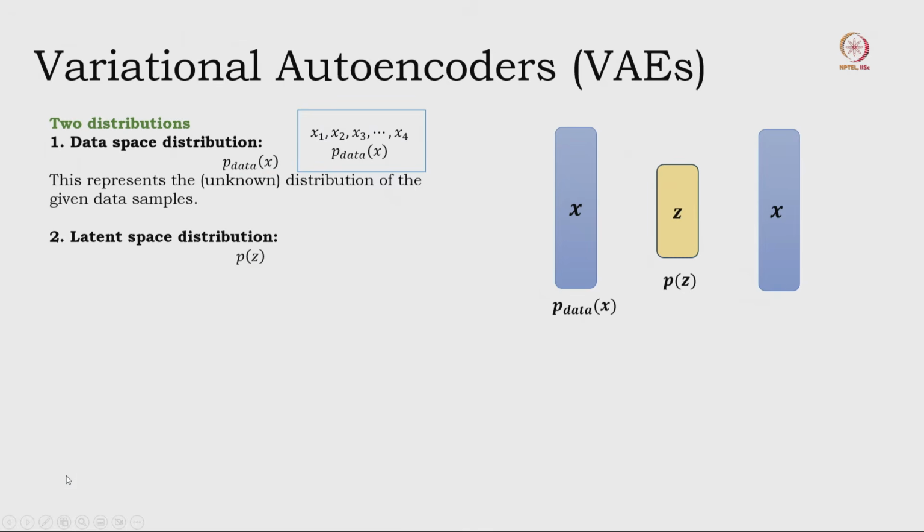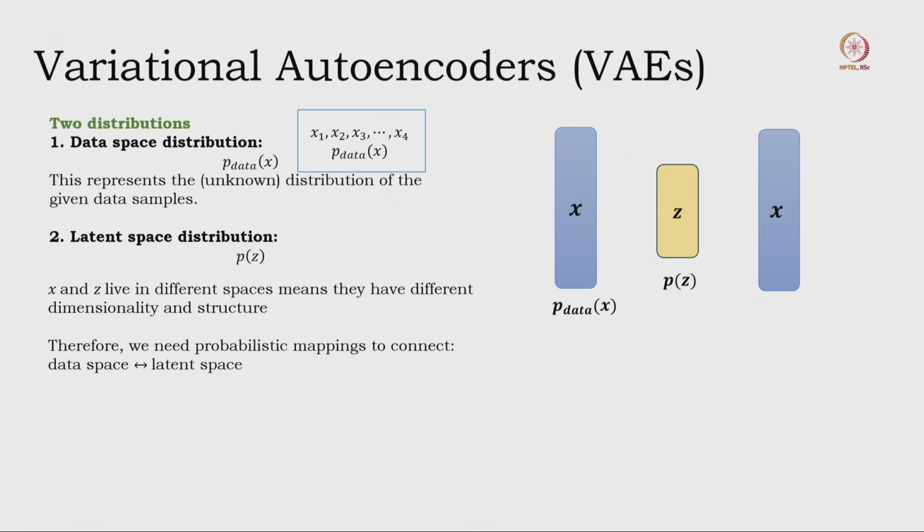Next, since X and Z live in two different spaces. What do you mean by X and Z living in two different spaces here? When you look into the dimensionality of X and the dimensionality of Z, the structure of X and the structure of Z are different.